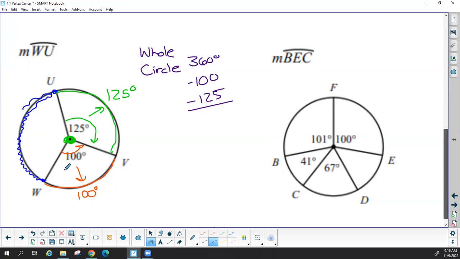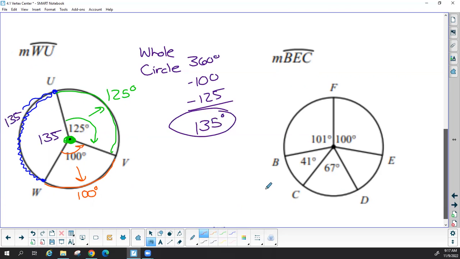So we're sort of combining some ideas here: central angles, and the whole circle is 360. I'm going to get 260, 160, 135. So this arc is 135, and this angle is 135. This does take some problem solving, so we should always work this out step by step.